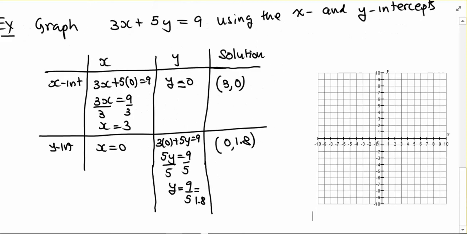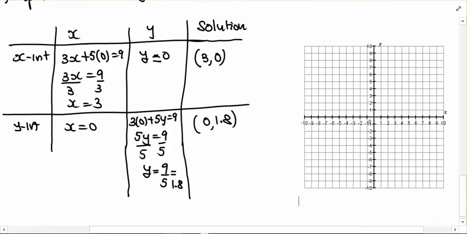So let's see here. Let me make this graph a little bit bigger, so maybe we can be a little bit more accurate. So 3, 0. Starting from 0, 0, I go to 3 and then don't go anywhere. So there is my first dot. And then 0, 1.8. So 0 going up to 1.8. That's roughly there. That's my second dot.